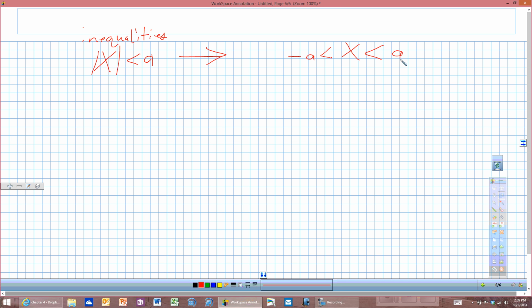It's just what we're going to solve for. Okay. That's what this is going to look like with this side. And remember, that would be the same with the equal signs as well. Okay, that's just going to change how we're going to write our interval notation for our answer.